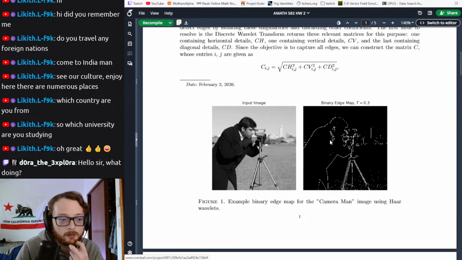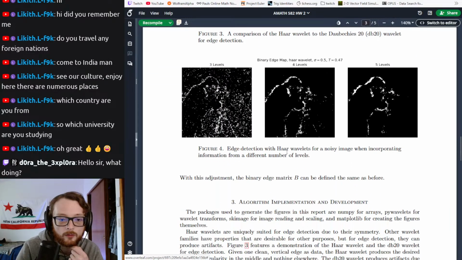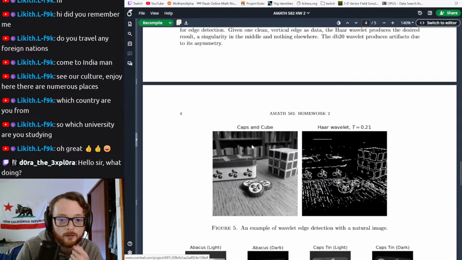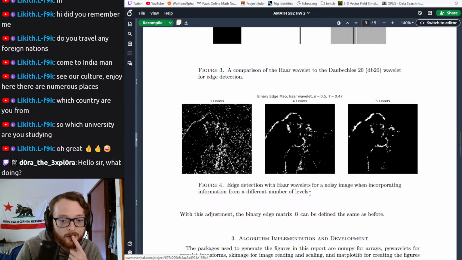From this basic case, we do different things like adding noise, which is still possible, but it gets a little bit harder. Yeah, I probably need to add in another one.